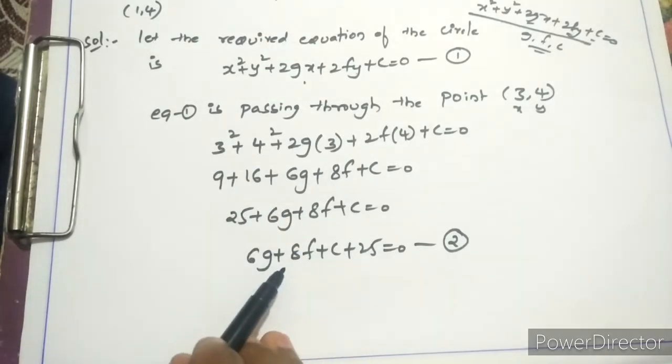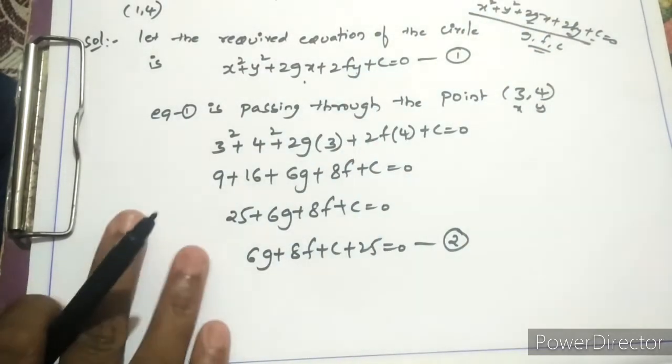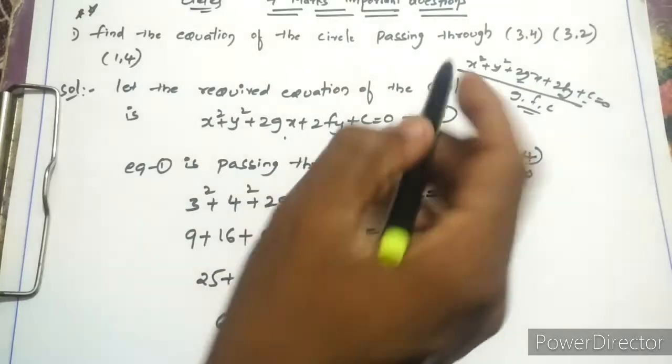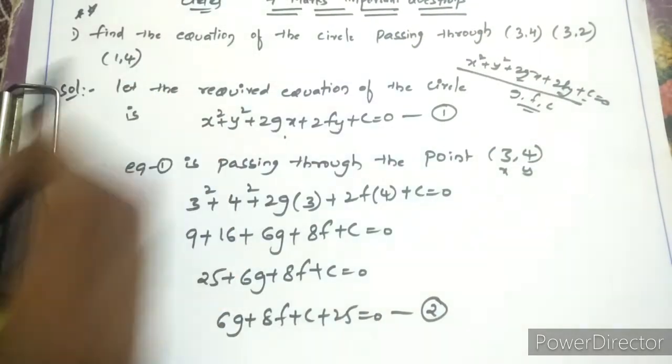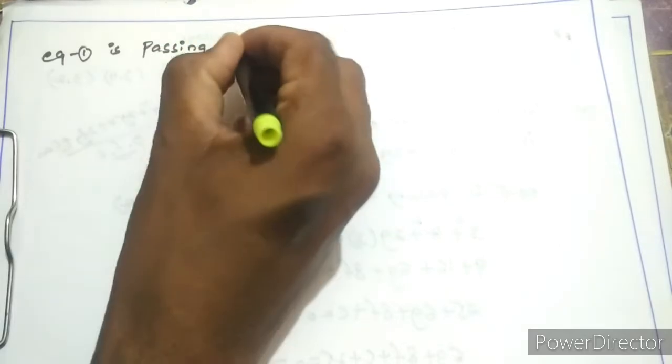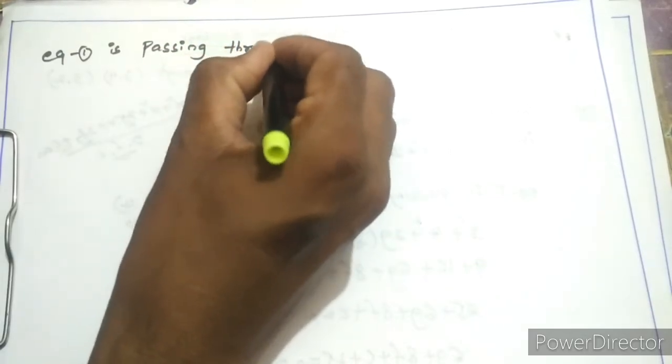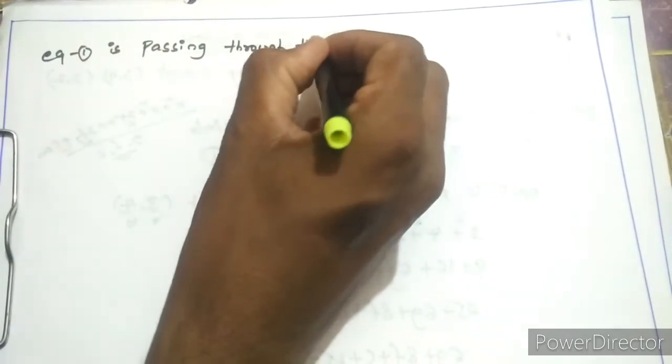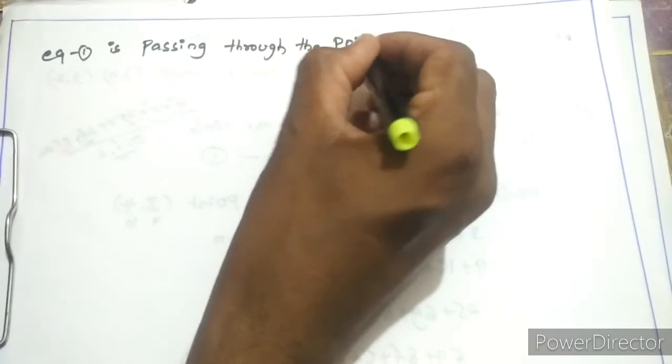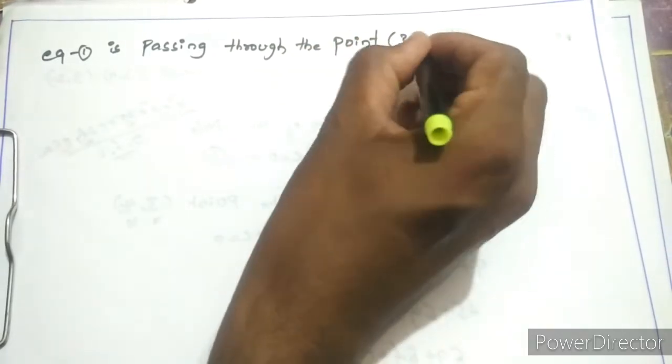In the same manner we have to find the equation of the circle passing through the remaining 2 points, the second point as well as the third point. So now see, what is the second point? The second point is 3, 2. So equation 1 is passing through the point 3, 2.